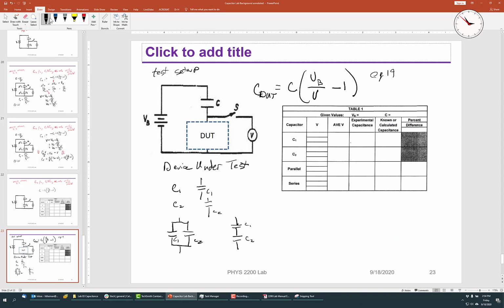Now you have a proposal of 2 equations, and I believe it was 5 and I don't remember the other one, but the parallel and series. So you can take the values of the capacitances that you determined and combine them and come up with a calculated capacitance and see how much different they are.